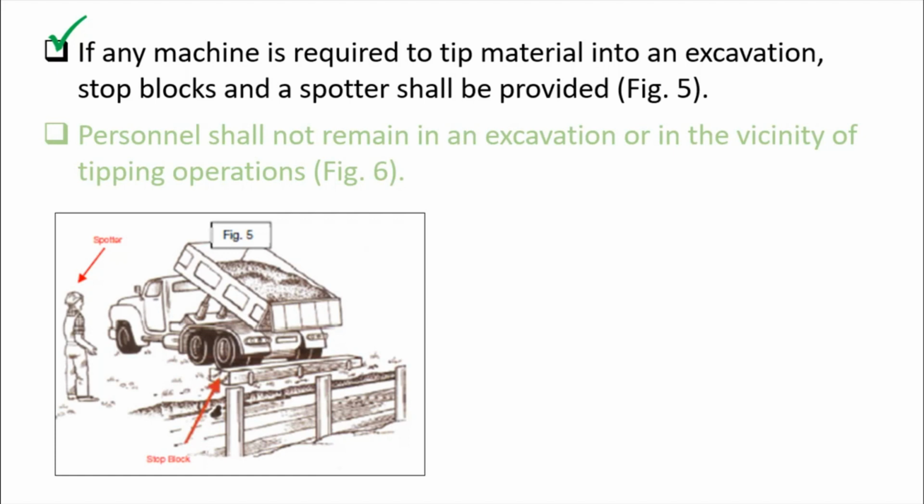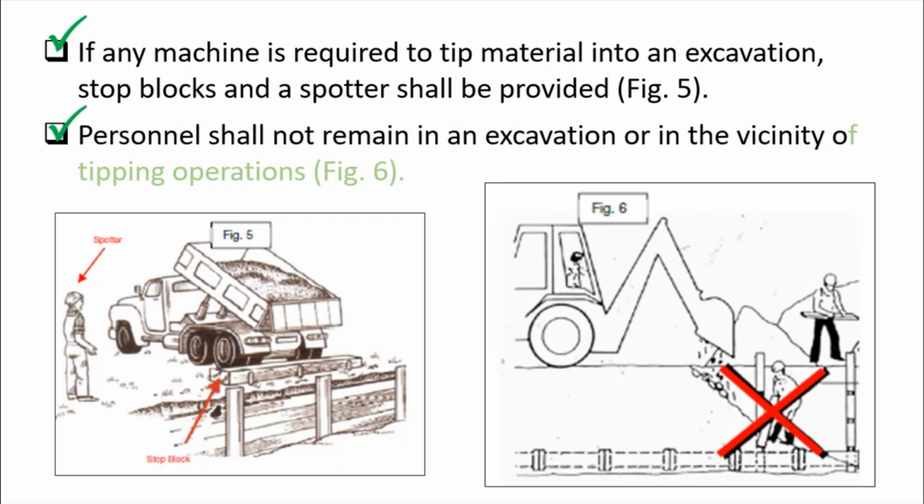This way, you can maintain the angle of repose of the excavation, the 1:2 ratio or safe angle. So the tire of the truck will no longer give additional load to the excavation walls.